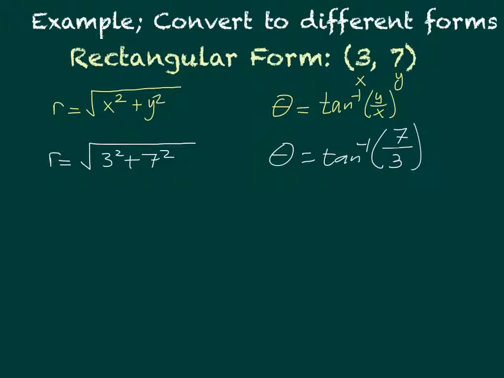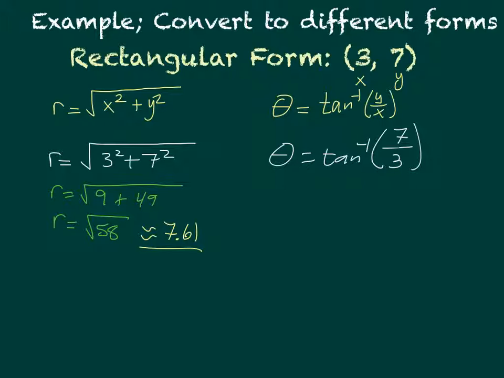So now if I do some calculations in the calculator, I get my radius equals the square root of 9 plus 49, or my radius equals the square root of 58, which is approximately equal to 7.61.